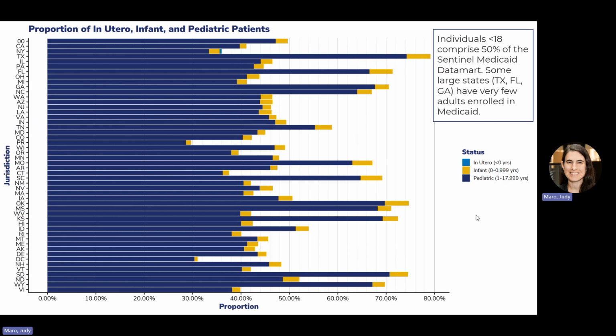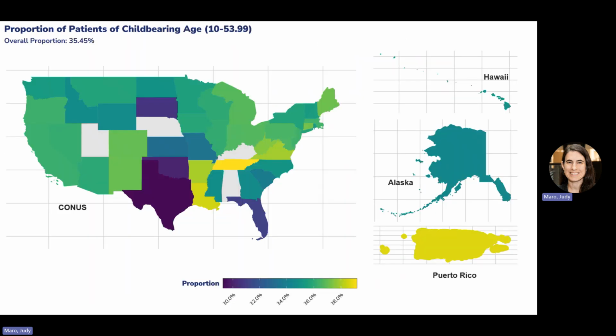So next, we're going to take another look, keeping with the maternal health concept here, about the proportion of patients of childbearing age, which here is going to be your 10 to 54-year-old persons. And so the overall proportion is 35.45%, but there's actually a narrower range here across all of the jurisdictions represented in the T-MSIS Sentinel version of the T-MSIS data set.